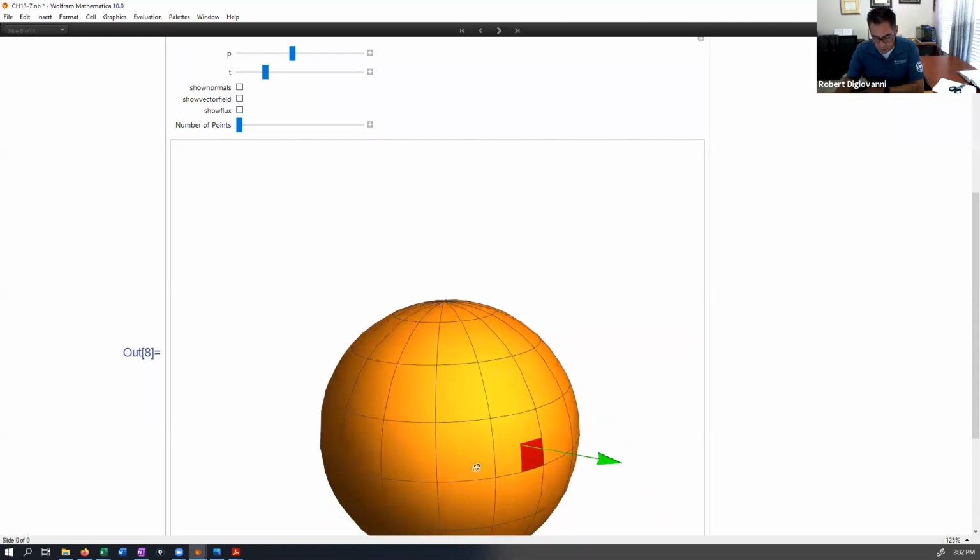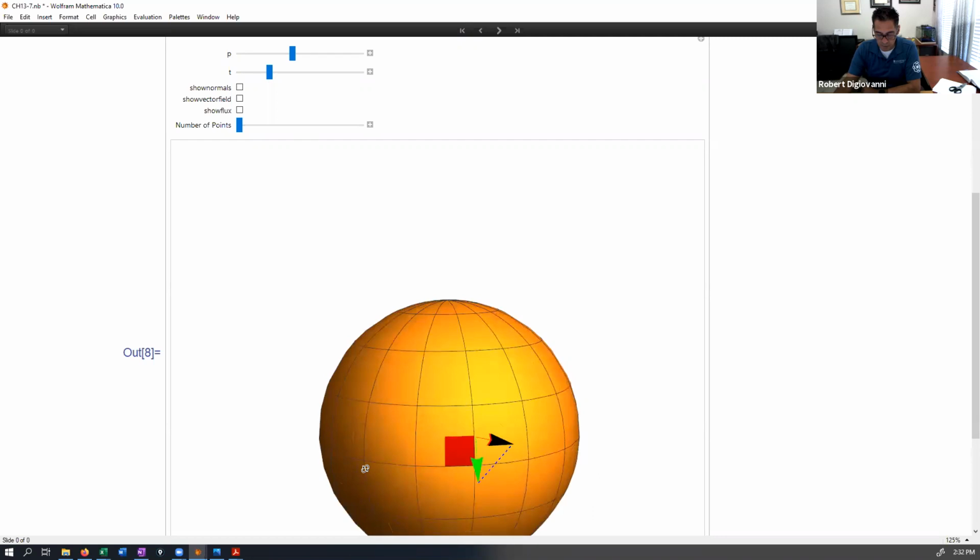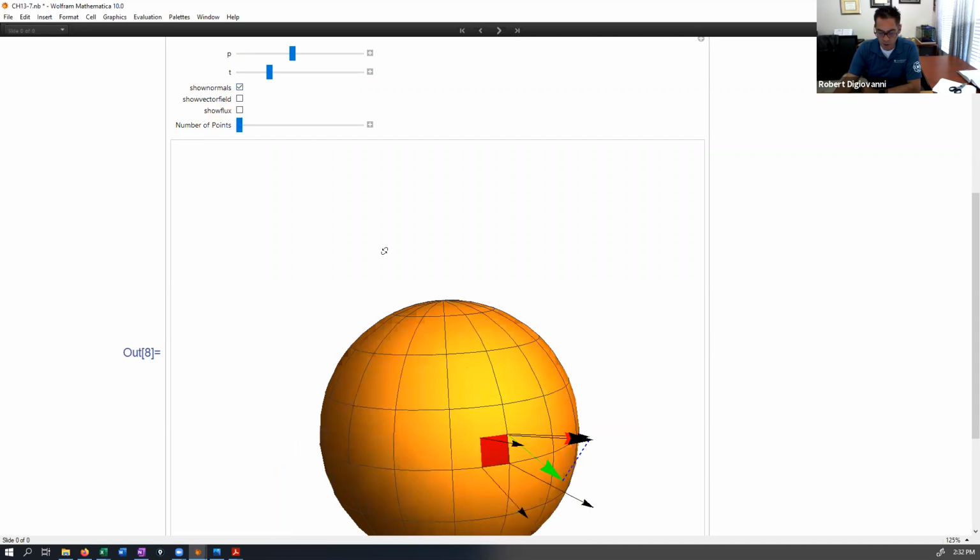Now imagine that that patch is an infinitesimally small little patch, and let's say I wanted to measure the flow out of that patch. Well, I'd have to look at different points on that patch and look at the green vector, which would be the field, the black vector, which would be the normal vector, and then the red vector, which would be a projection. And I would have to do that for all these points in here.